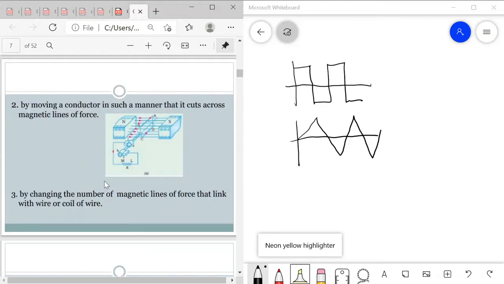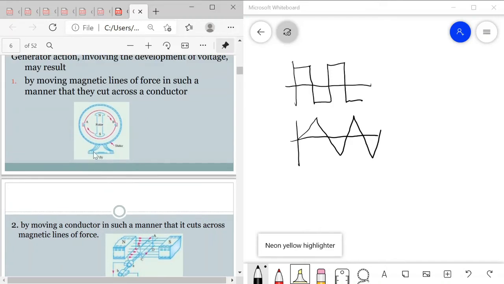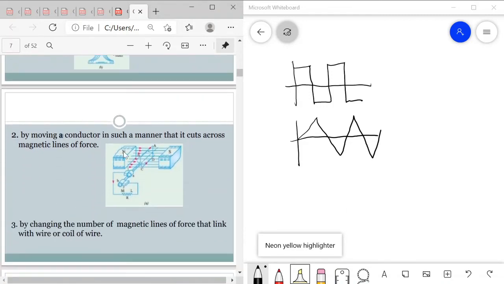Number 2 is by moving a conductor in such a manner that it cuts across magnetic lines of force. A while ago, our stator, which is the conductor, and our rotor is the magnets. In number 2, our stationary part or the stator is the magnet, and our rotating part is the conductor.